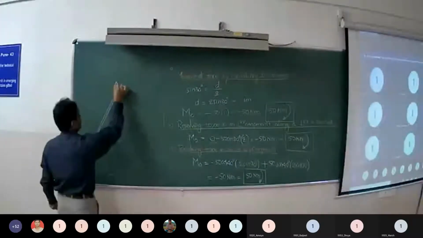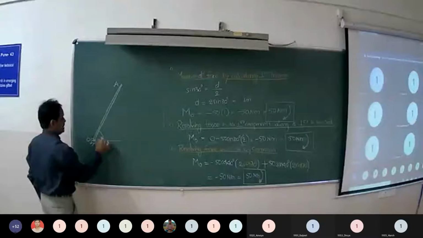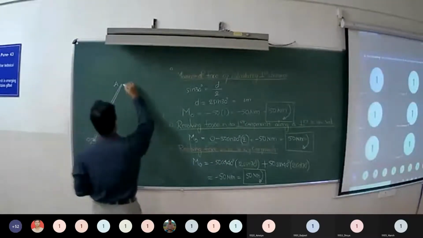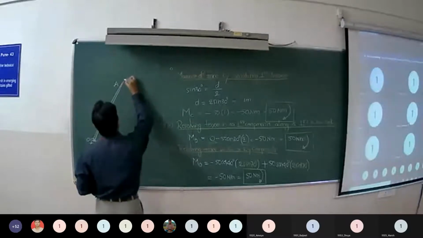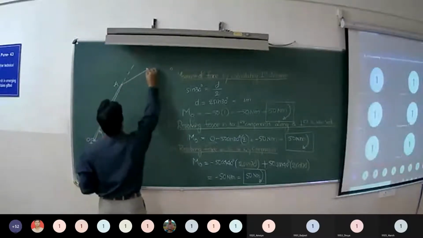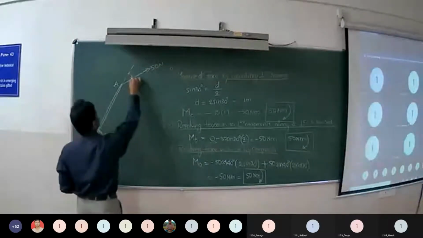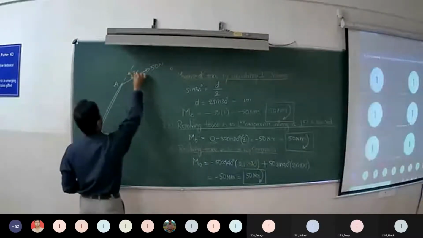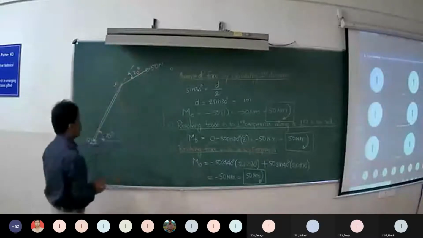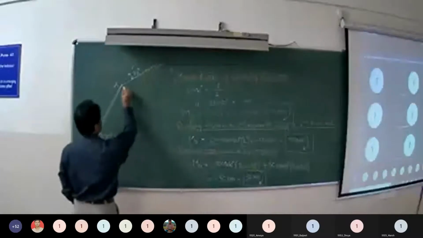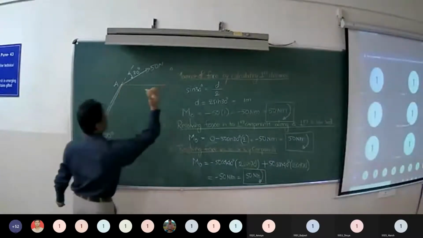You see the rod OA making an angle 70 degrees with horizontal. It is given in the figure. And this force of 50 Newton is making an angle 30 degrees with respect to OA. Now I am finding the direction of 50 Newton with respect to horizontal.